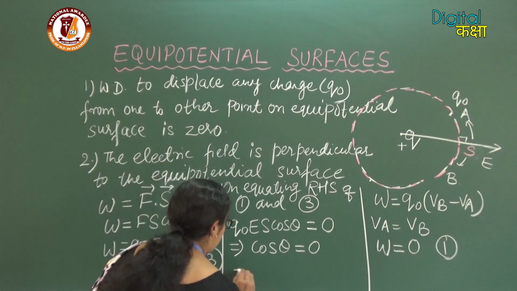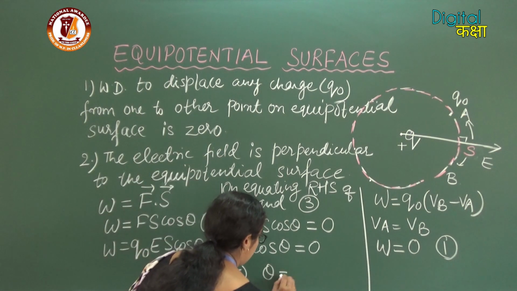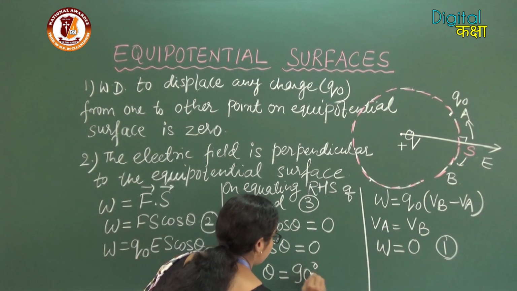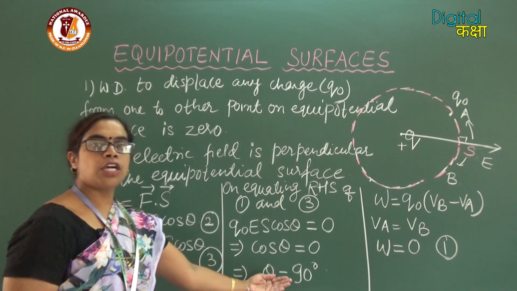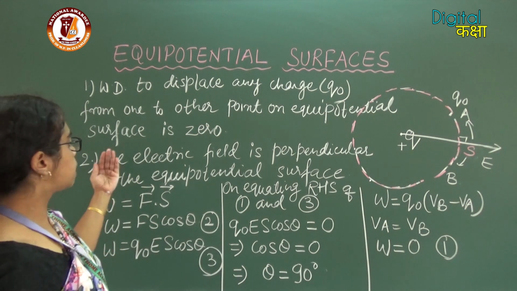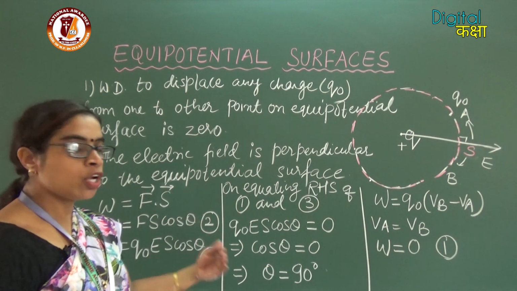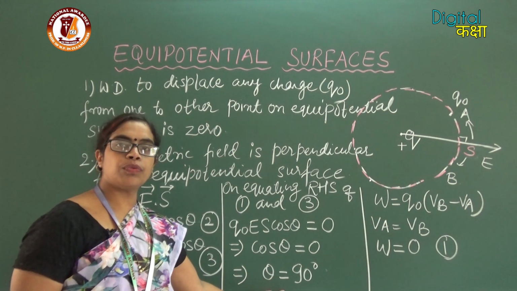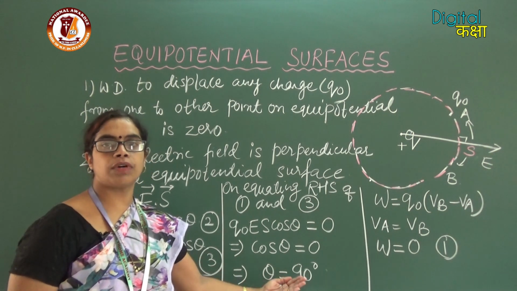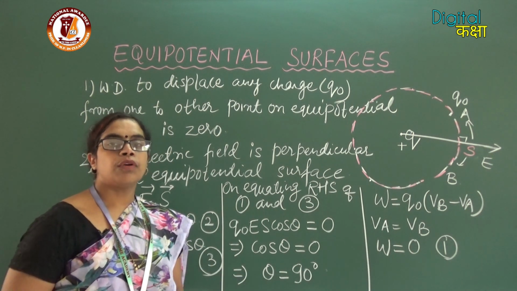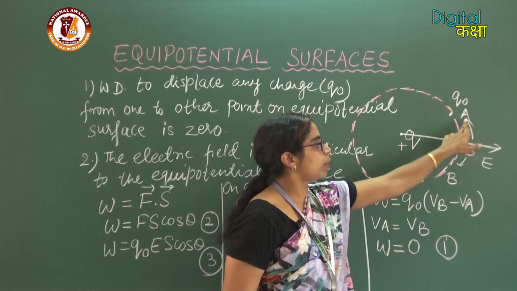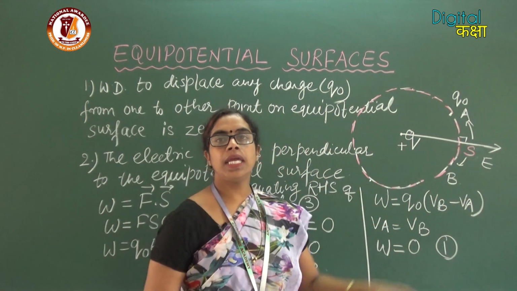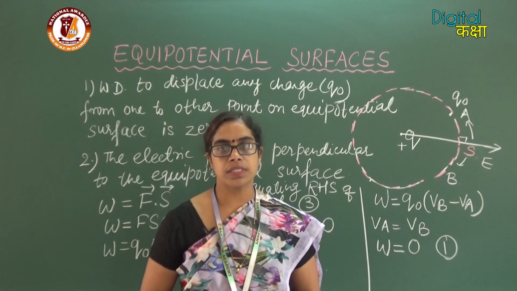So from this step I can conclude that theta is equal to 90 degree, which allows us to understand this second property. With the help of this value which we have derived to be equal to 90 degree, we can say that the electric field is perpendicular to the equipotential surface.